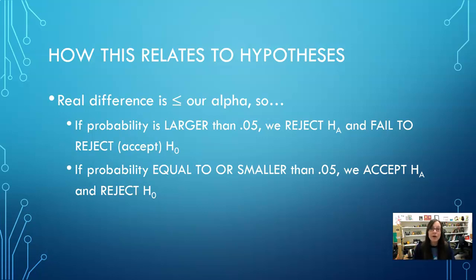We can accept our hypothesis because the probability that the difference is based on error is really, really, really low. So that's how statistical significance always ties back to that hypothesis.